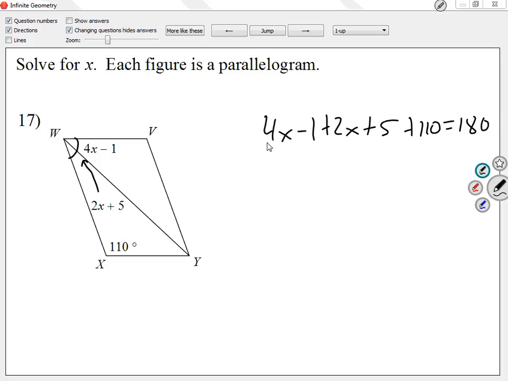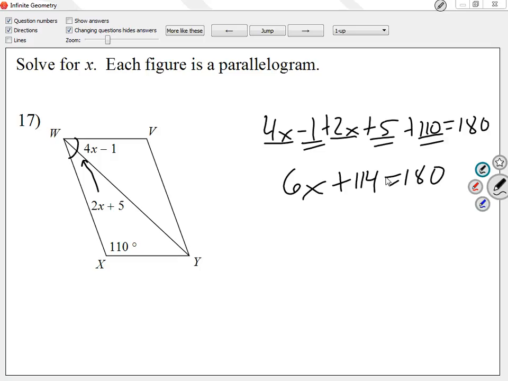Simplify the left side. 4x plus 2x, I'm just going to call that 6x. Negative 1 plus 5 plus 110 is positive 114, yes. And then this is equal to 180. We just simplified the left.